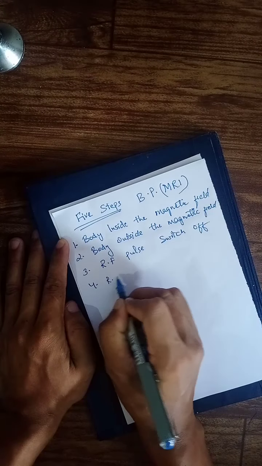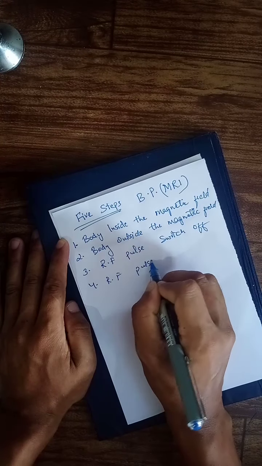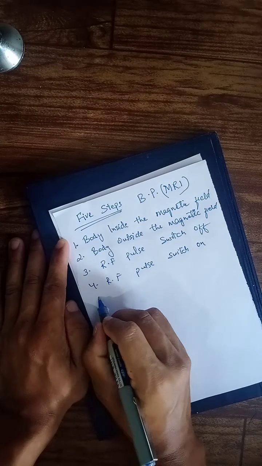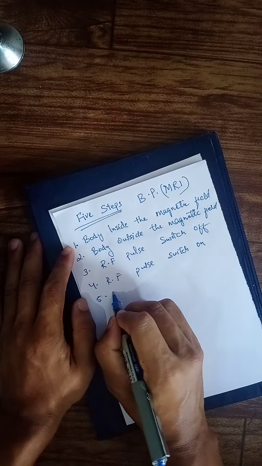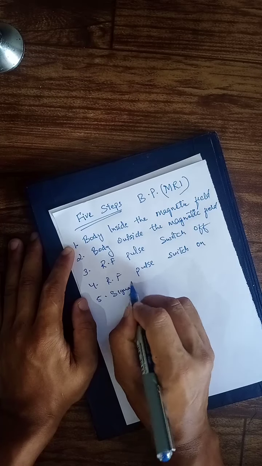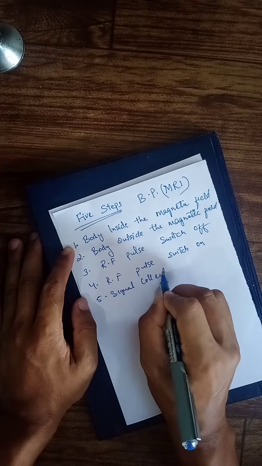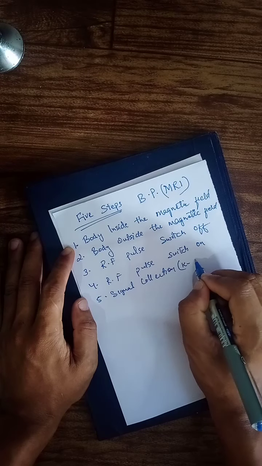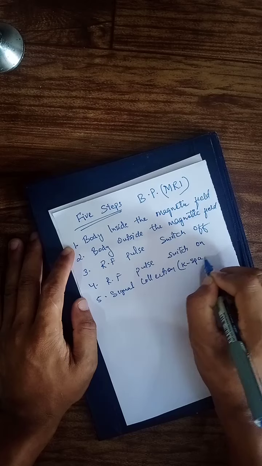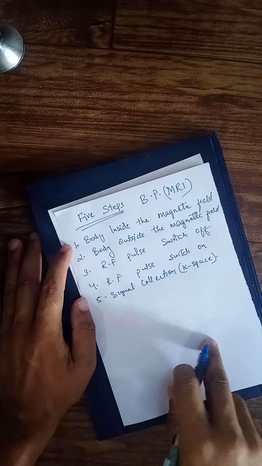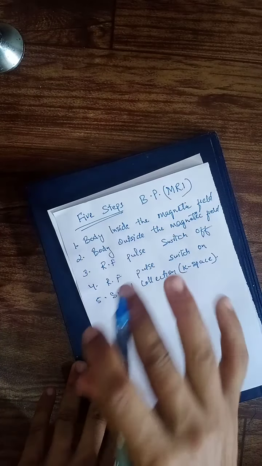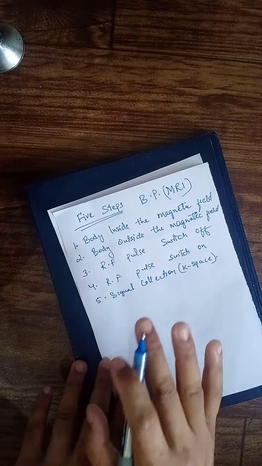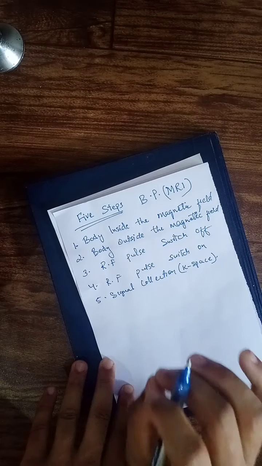Fourth one is RF pulse switch on. And the final one is signal collection. But in the bracket I'll give you the key space. You'll be learning this later. So these are the 5 main important points about the basic principle of MRI.